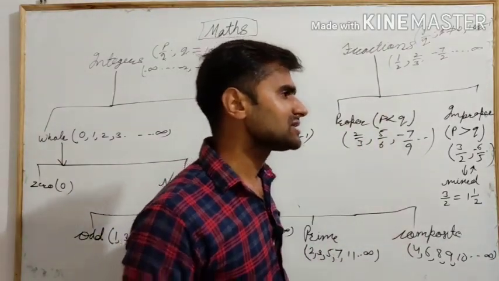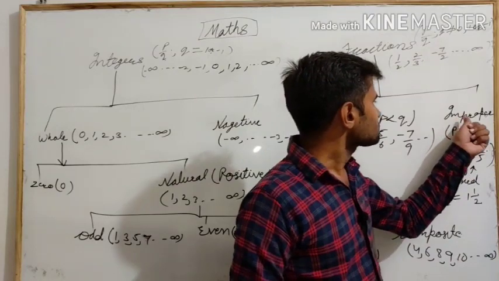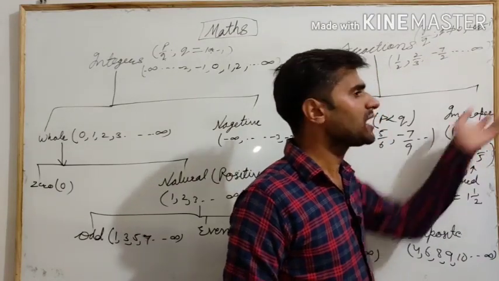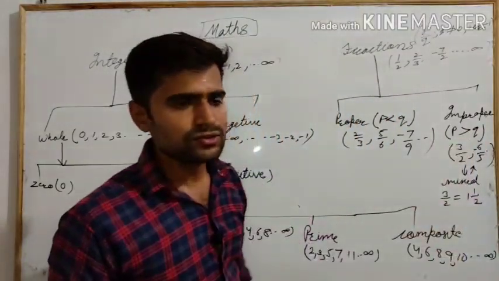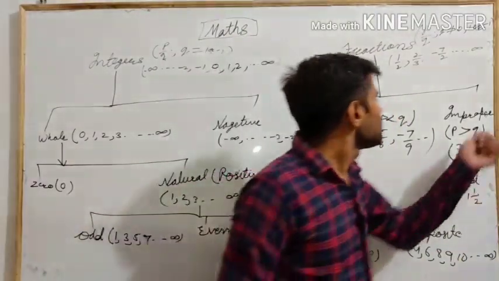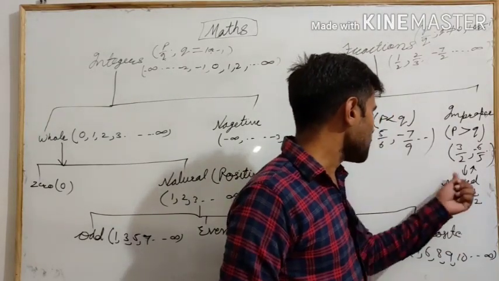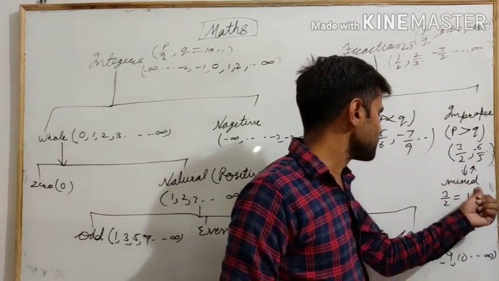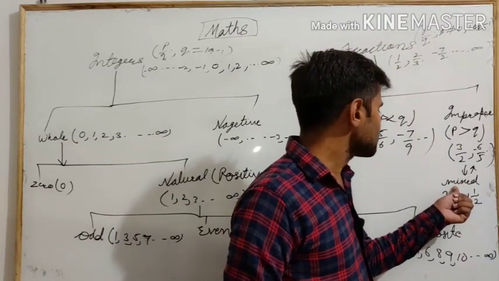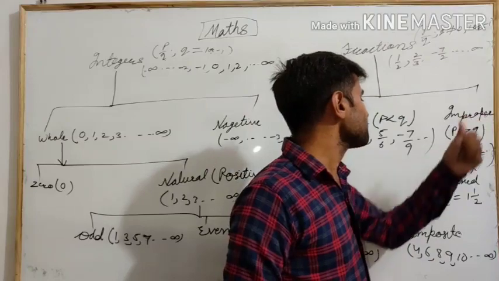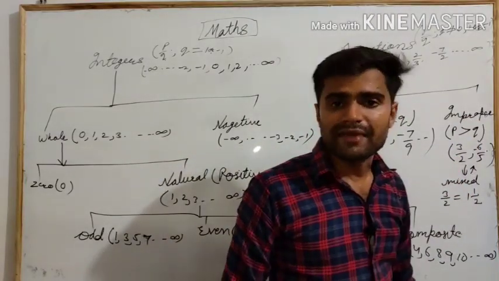Improper fraction examples are 3 upon 2, minus 6 upon 5. Improper fractions can be changed into mixed fraction form. How? 3 upon 2 can be changed into 1 and 1 upon 2. A mixed fraction can change into an improper fraction, and an improper fraction can change into a mixed fraction.